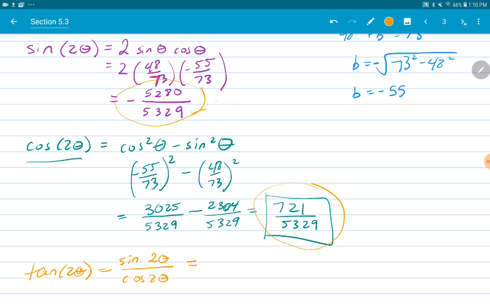And they have the same common denominator. So in fact, I can write negative 5280 divided by 721. When I go to divide those, my common denominators will cancel each other, and I'm left with that. And again, no common factors here, so that is a final answer for tangent.